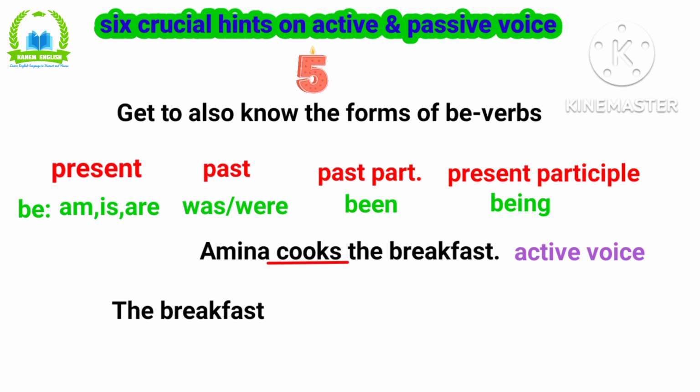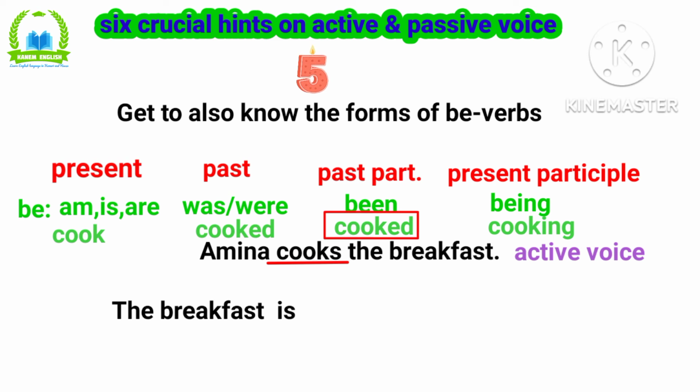Since it is the V1, it depends on the subject. We said breakfast, we are talking about just breakfast. Then you can say is, the breakfast is. Then you take the verb number 3, that means the past participle form. The breakfast is cooked by, then you now introduce the subject, Amina. So we have the passive voice.